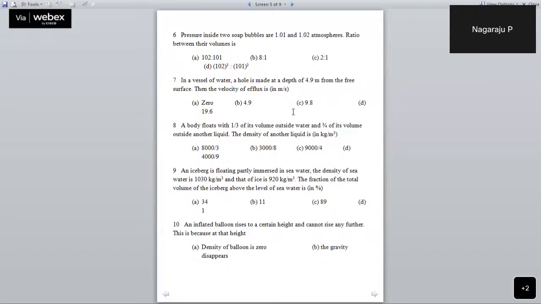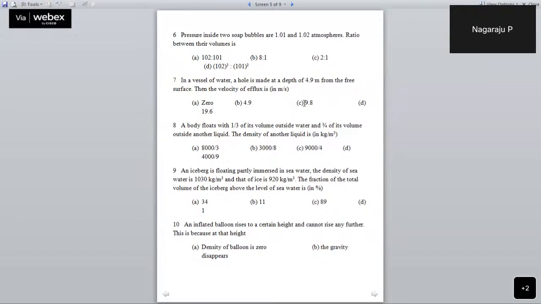V is equal to square root of 2gh, 2 into 9.8 into 4.9, because it's given that depth is 4.9, and 2 into 4.9 is 9.8. You have under the square root 9.8 into 9.8. Therefore, the answer must be equal to 9.8, and the correct choice is 9.8.